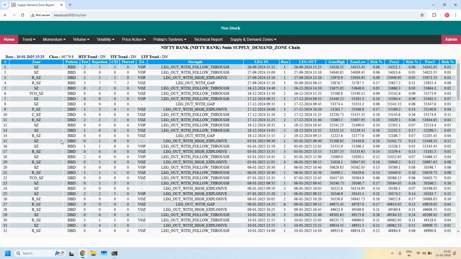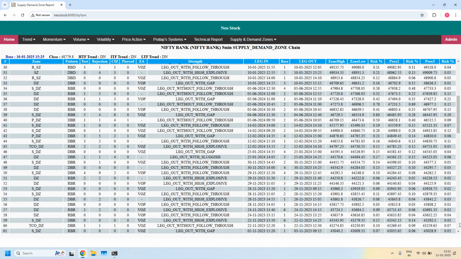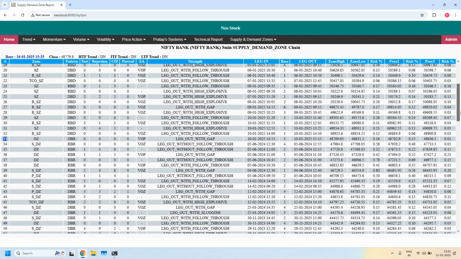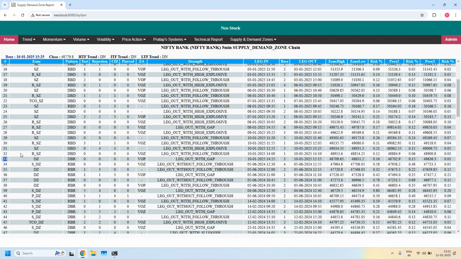All these are all supply zones. To get the demand zones, I am scrolling the list down. From 33, you have all the demand zones. So this is about, maybe I can keep it in the middle.